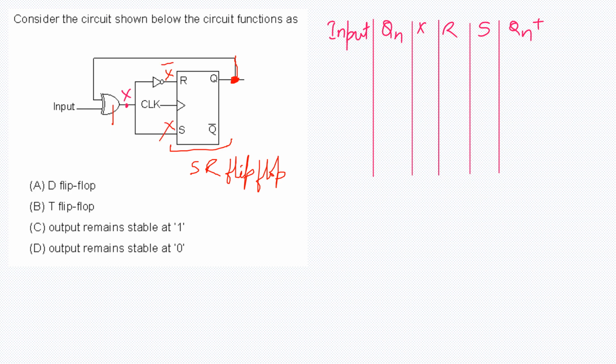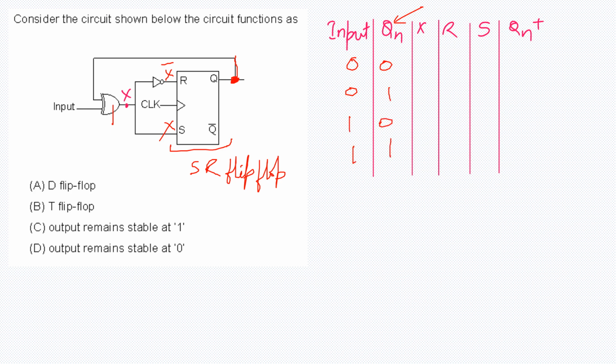Let us first see how to build a truth table for this. Since this XOR gate is a two-input gate, it can have four combinations of the two inputs. Our present state can be either 0 or 1, and your input also can be 0 or 1, so we have four combinations: 0 0, 0 1, 1 0, 1 1.